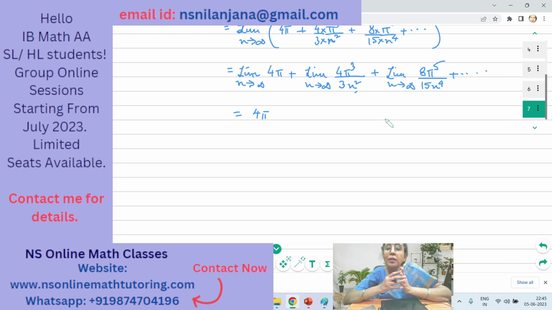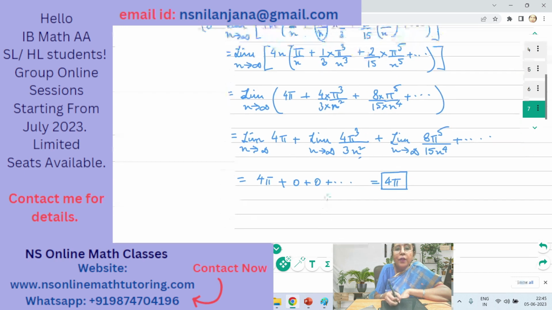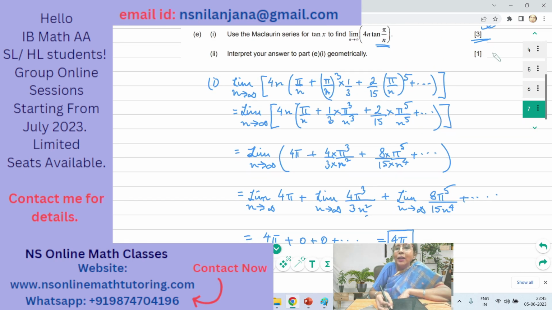So if the denominator of a fraction tends to infinity, then the value of the fraction will be tending towards 0. Okay. So all the other terms will be equal to 0. Equal to 4 pi. This is the answer for subpart I of subpart E, and we have got the 3 marks.